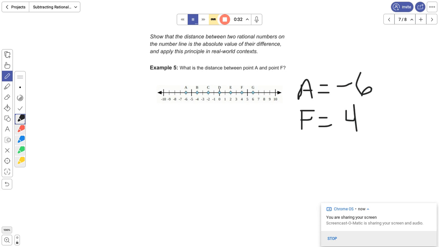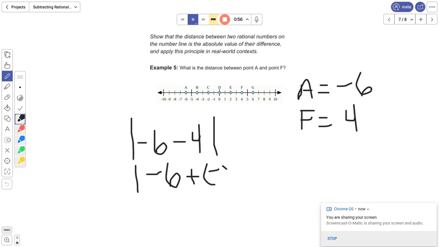So I'm going to go back and read the standard. The distance between two rational numbers on the number line is the absolute value of their difference. Negative 6 minus 4. And I want to think back to what we did in the previous examples and rewrite negative 6 minus 4 as the absolute value of negative 6 plus negative 4.